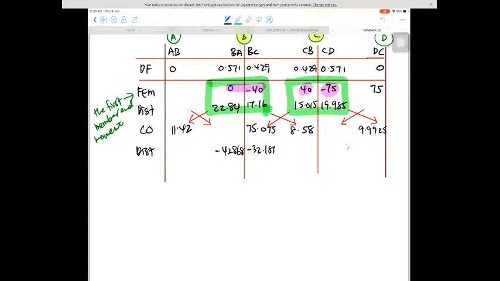And this is negative 32.181. 75.075 times 0.429. Sorry, I put the wrong number just now. 75.075.